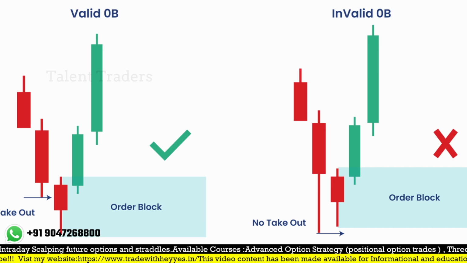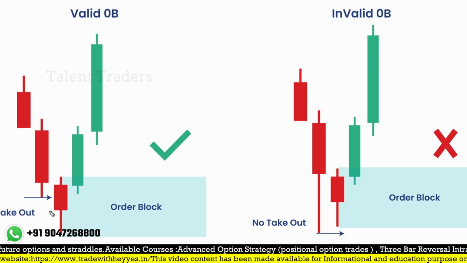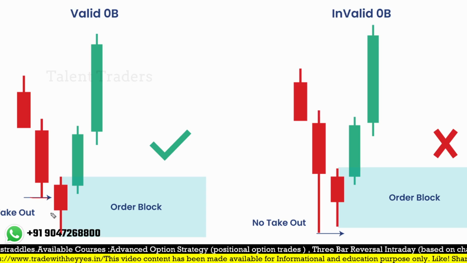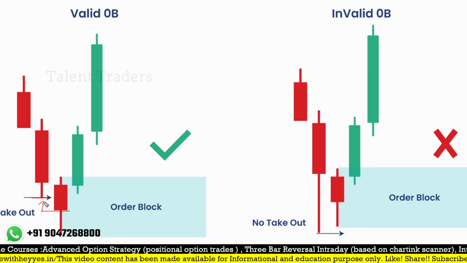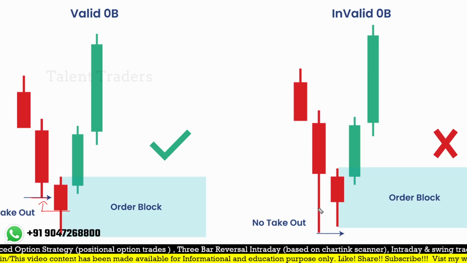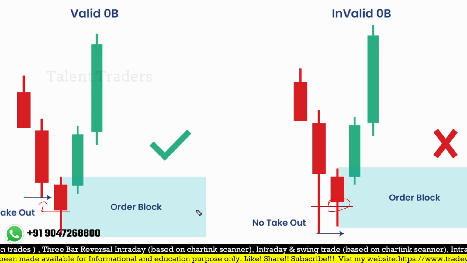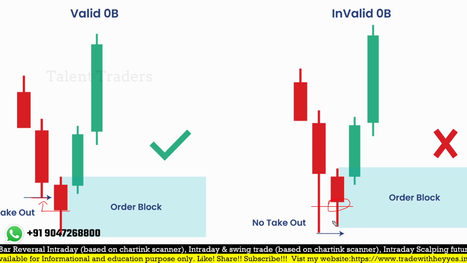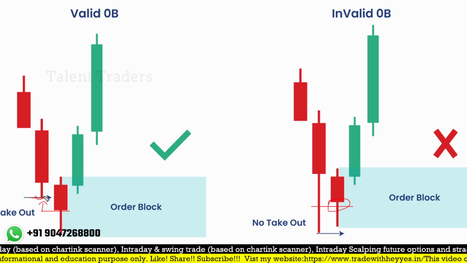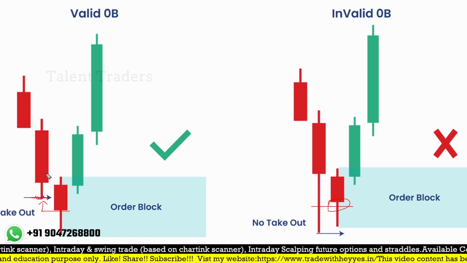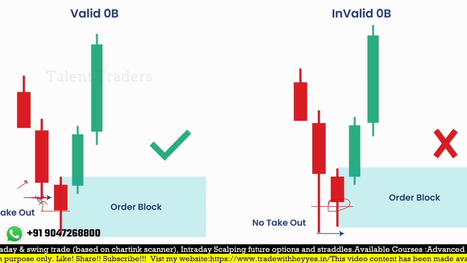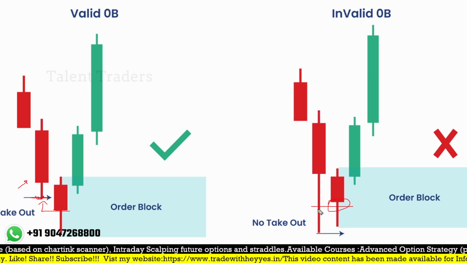For example, in these two examples, the low is greater than the close of this particular candle, but here the low is less than the close of this particular red candle. So the only difference is the low of the second candle in red color: its low is greater than the body of the candle, but here the low is less.